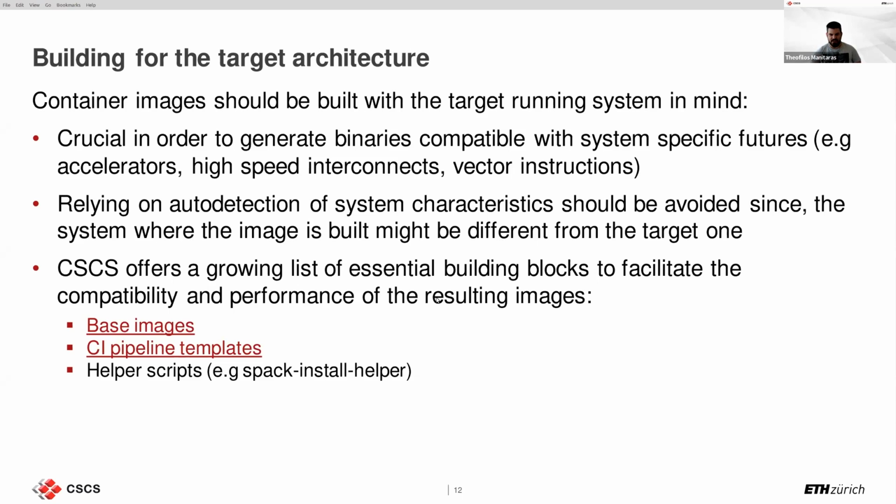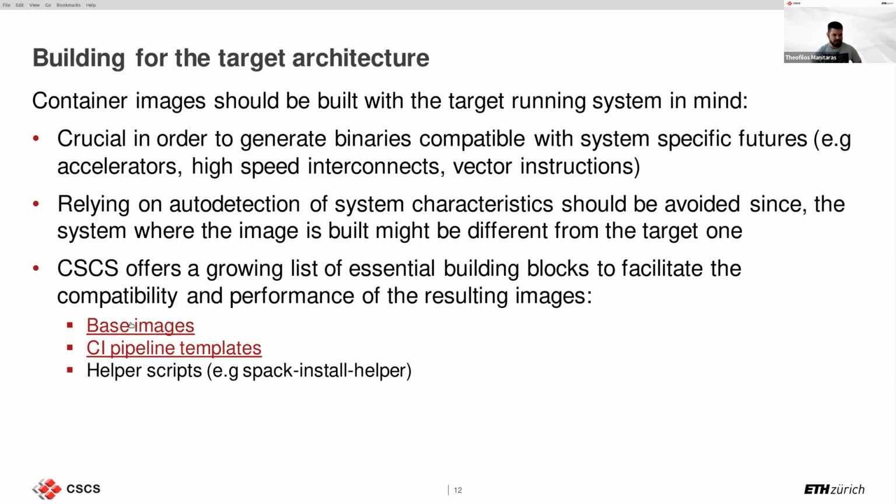CSCS offers a list of essential building blocks, similar to the container build template, so that the compatibility and performance of the resulting images are ensured according to the systems that we have in place and are going to use to run. You can use these essential building blocks, and these come in 3 flavors.